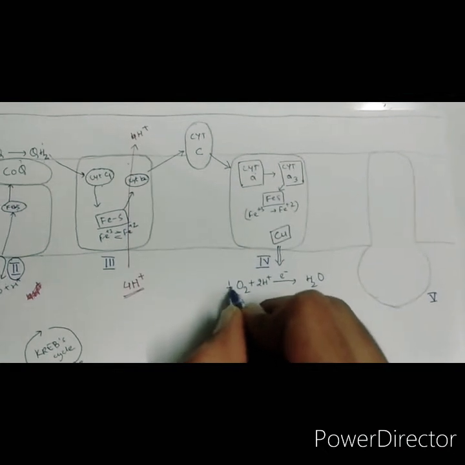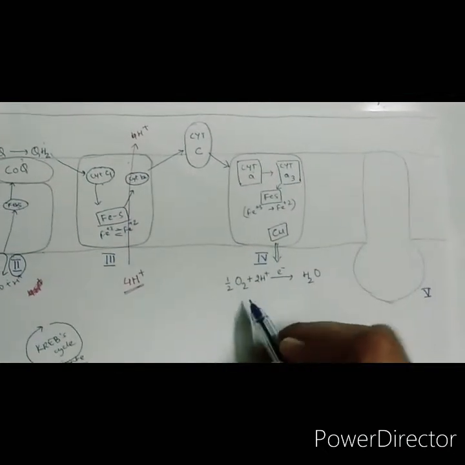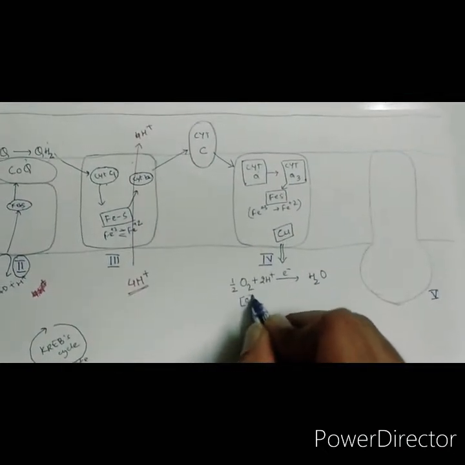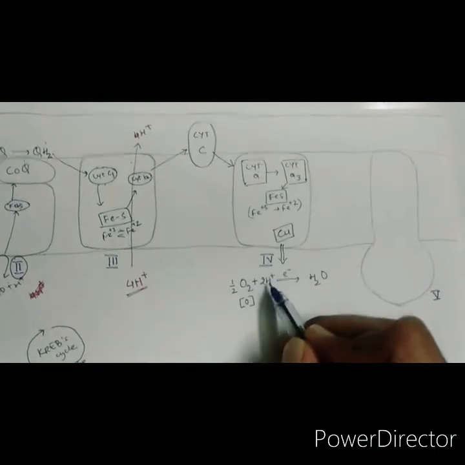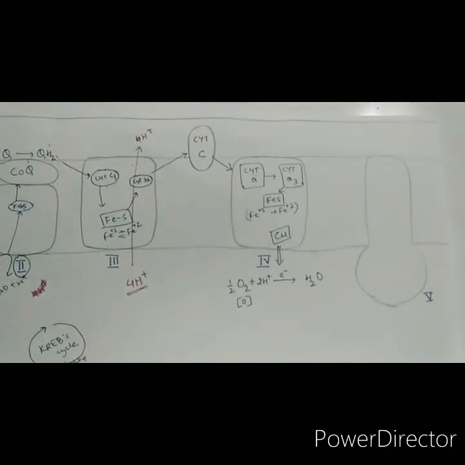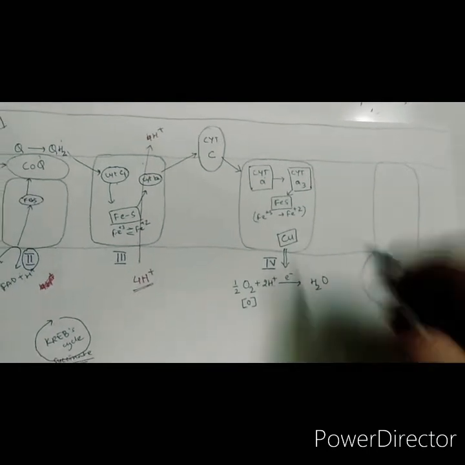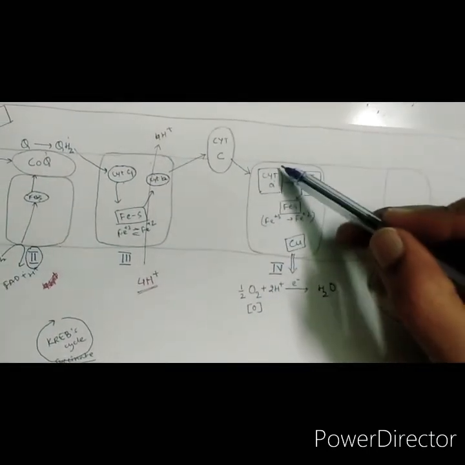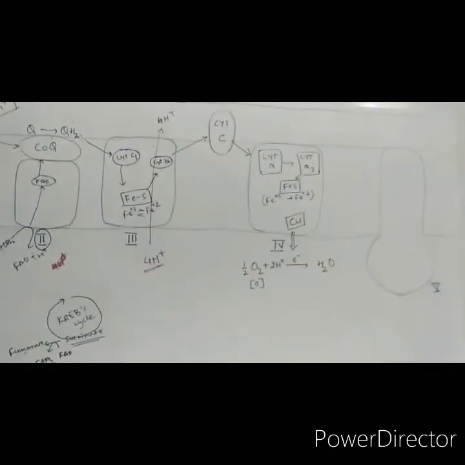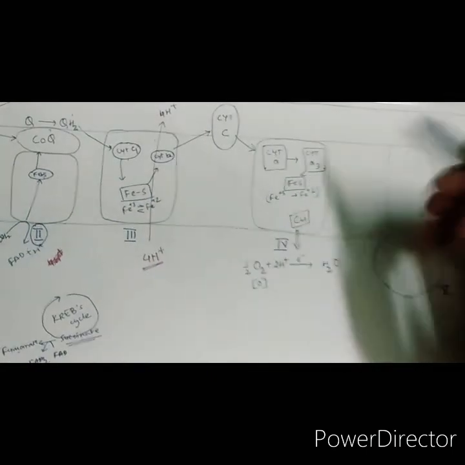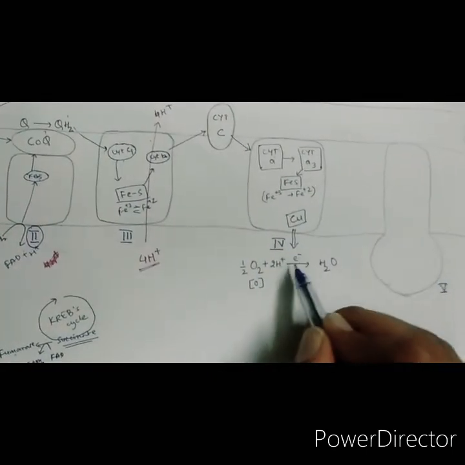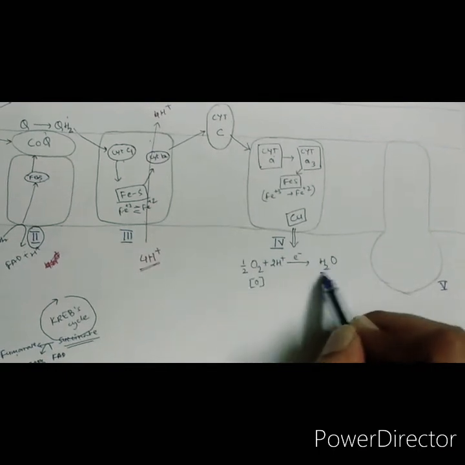Here only half of the oxygen molecule is utilized, that is, a single oxygen atom, along with 2 protons already present in the mitochondrial matrix and the electrons generated in the complex 4 reaction. All these together combine and reduce oxygen to water.